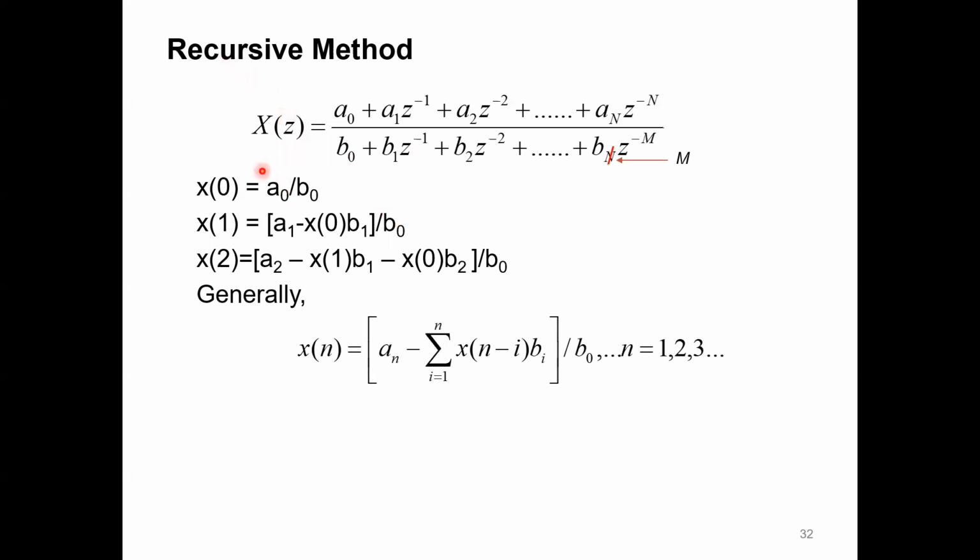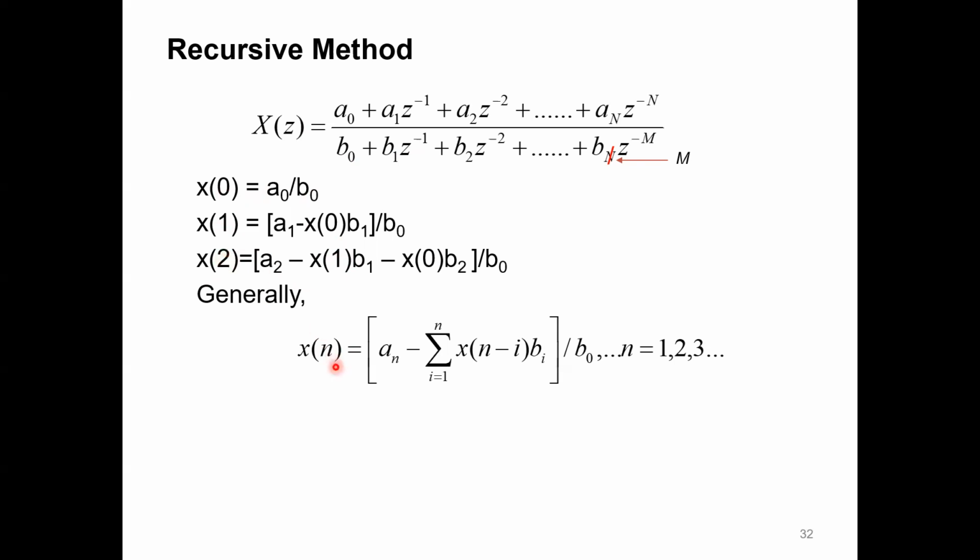It is recursive because once you calculate a sample, you use it to calculate the next immediate sample. And x0 and x1, the first sample and the second sample, both go in here to calculate the third sample. x1 comes from here, x0 is already calculated. Put it into this equation, a2 minus x1 b1 minus x0 b2, divided by b0. So this algorithm is for any n.